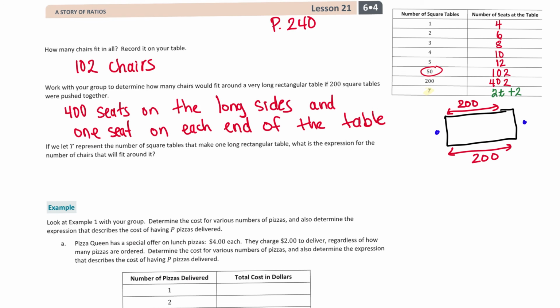We said that 2 times t plus the 2 end seats can represent our expression. Now that would be one way you can write it. You can just write 2t plus 2. Or you can even say, well, I can put the 2 and then the t plus the 2. That also works. Those are all equivalent expressions.